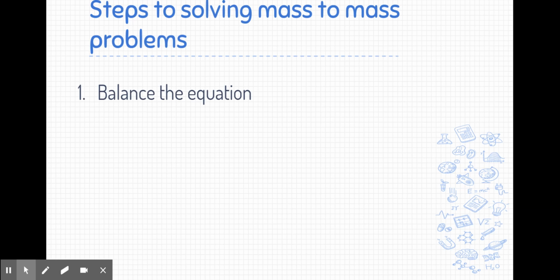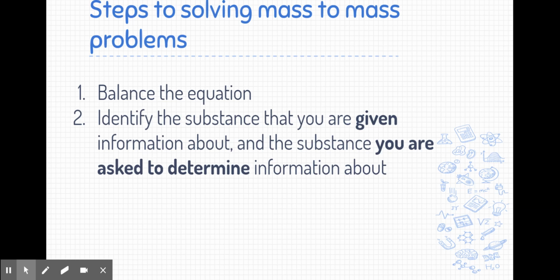Let's go through a step-by-step summary of what we just solved on the whiteboard. To solve mass-to-mass stoichiometry problems, our first step is to write out and balance the chemical equation. Before you start doing calculations, identify which substance in the chemical equation you are given information about and which substance you are asked to determine information about.